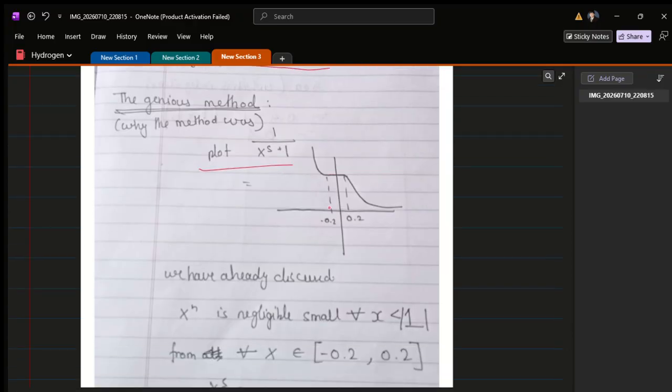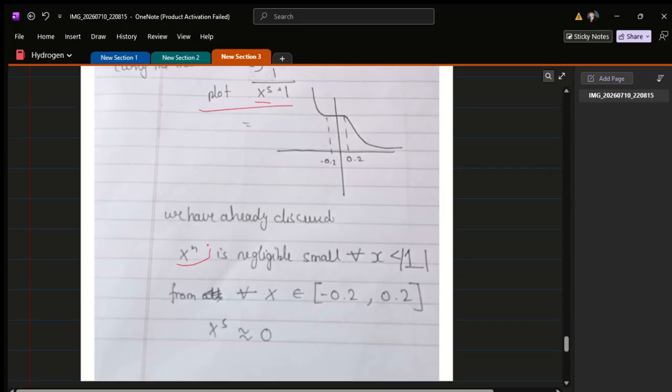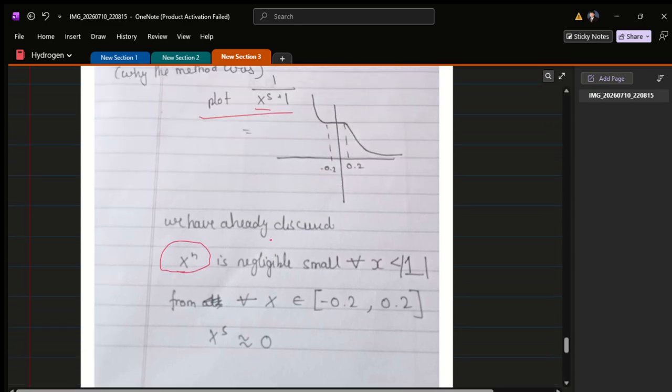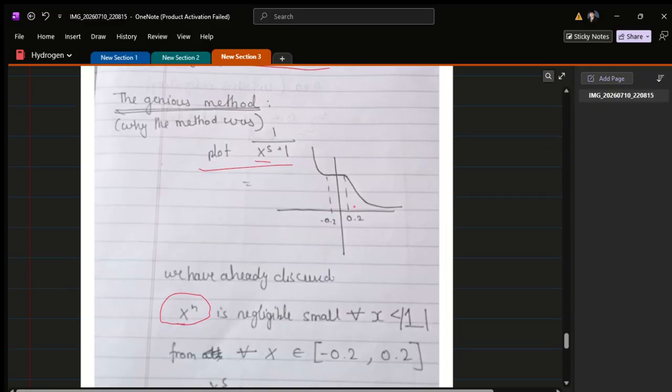Well, it's not a straight line because it's x to the power 5, and we have already discussed that for bigger powers, when x is small it gets negligible, and 5 is quite a big power. For 0.2, this is going to be approaching very close to 0. Within the range from minus 0.2 to 0.2, 0.2 is already small, its square is 0.04 and its cube is 0.008.